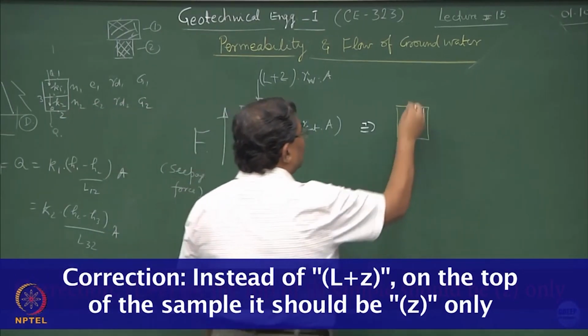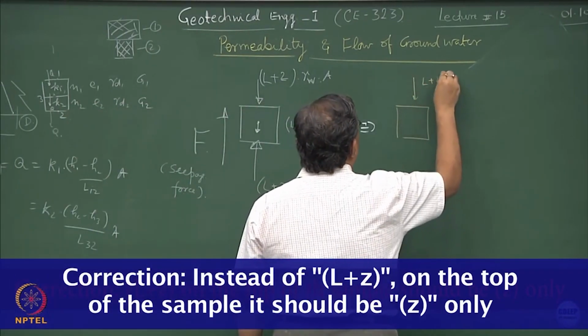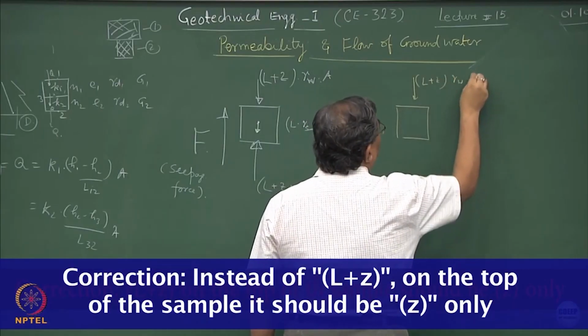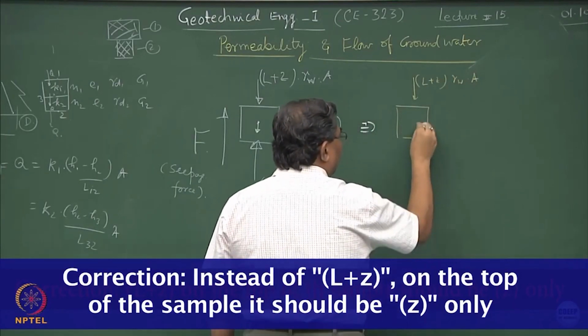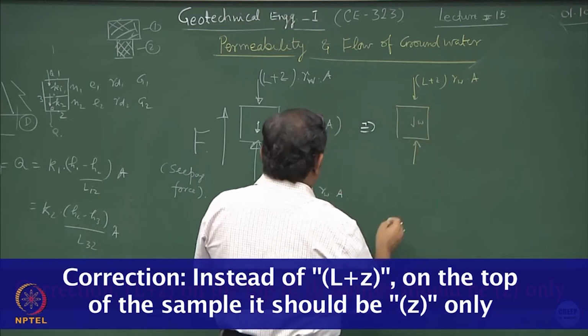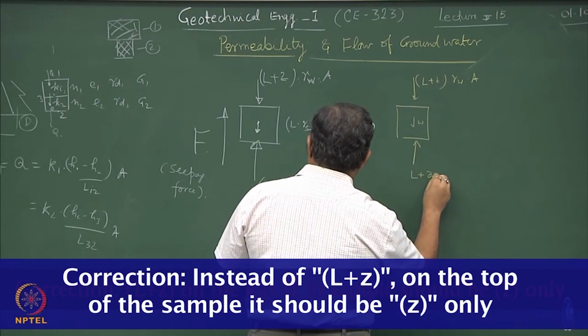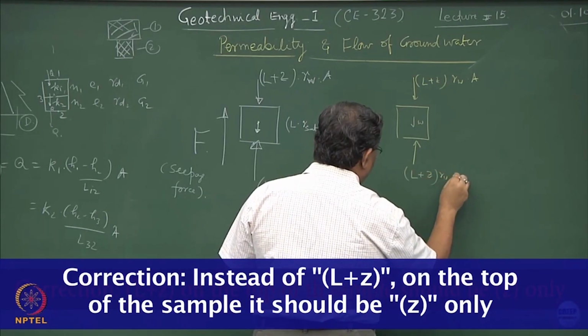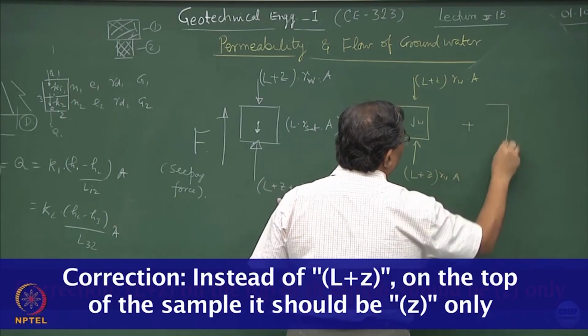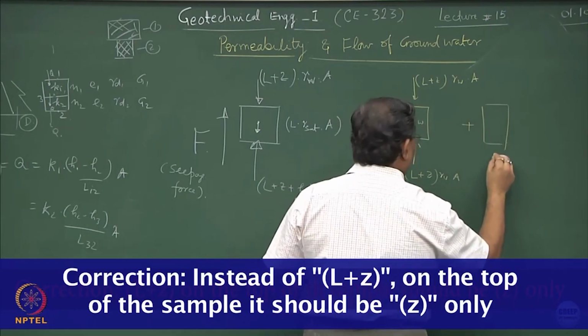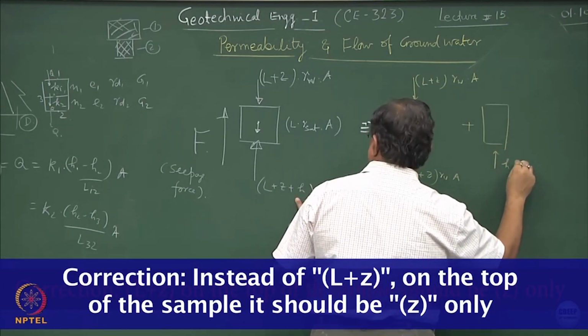So, what I can do is I can say (L plus Z) into gamma w A, of course weight is acting, and this becomes (L plus Z) gamma w A plus... If I write like this, is there any problem?